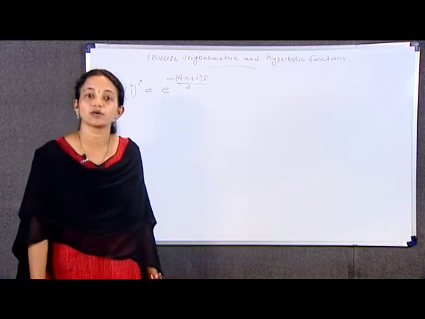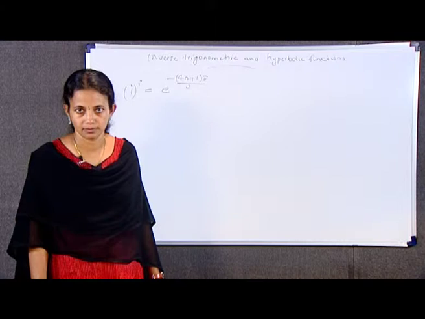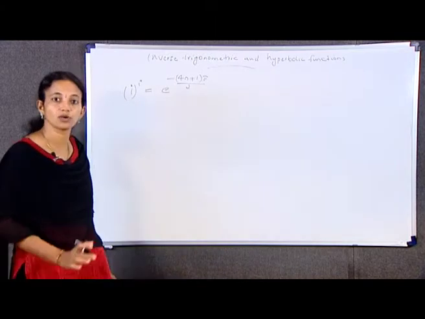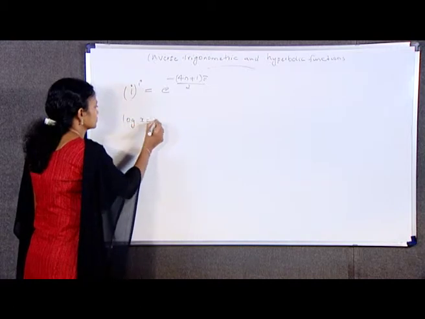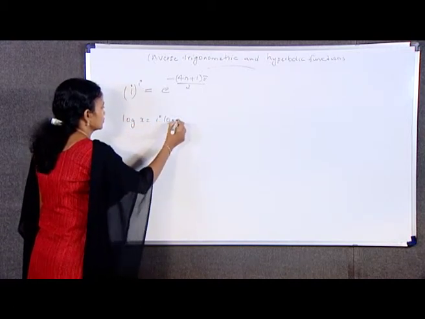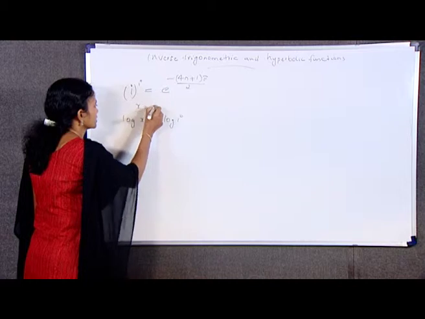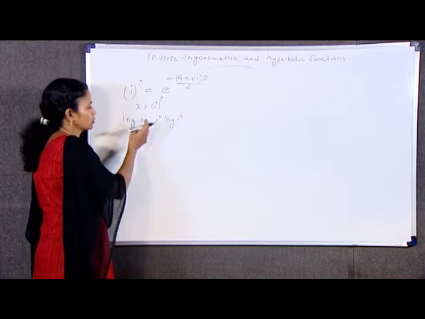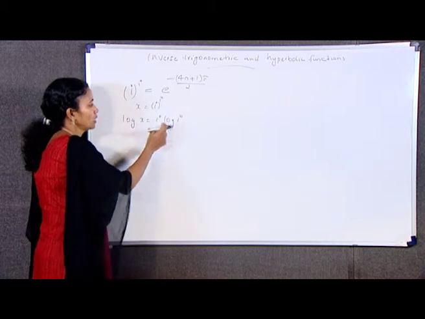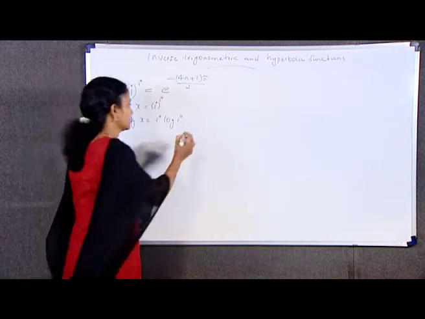Here, let x is equal to i raised to i. That is, we are taking x is equal to i raised to i. So, taking logarithm on both sides, we have log x is equal to i log i. Mark it as equation number 1.